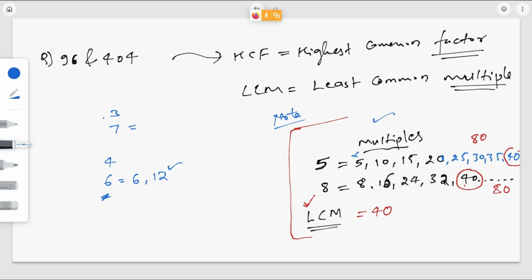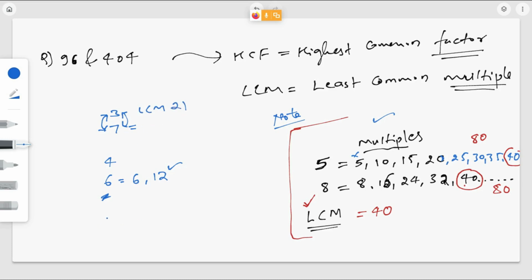The LCM is the product of the numbers. So what is the LCM here? 21, just the product.